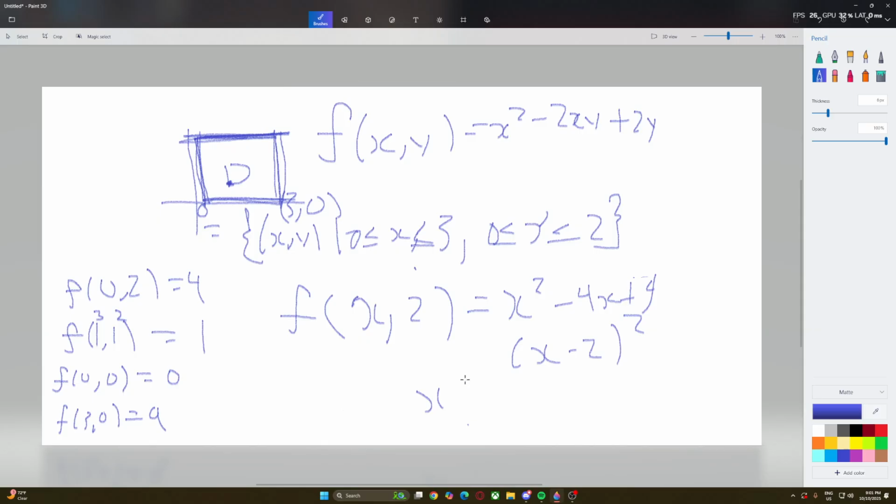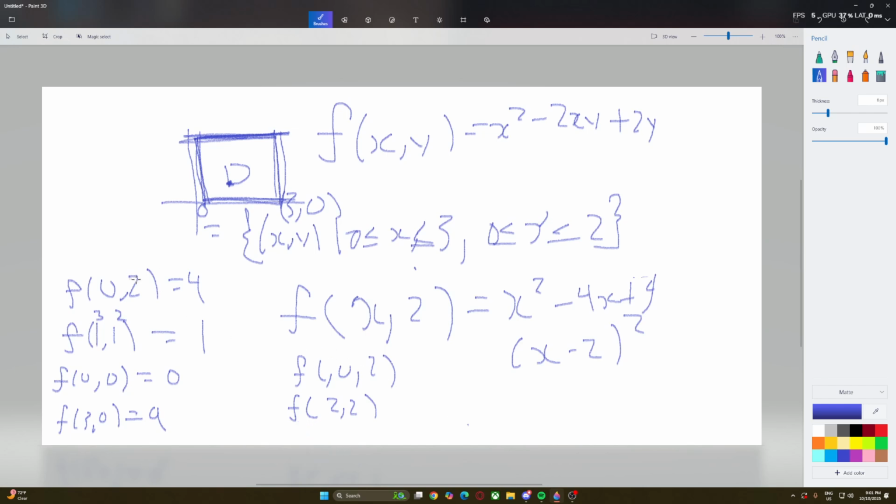But let's just check just in case. If we took the derivative of this, it would be 2x minus 4. So x equals 2 is a critical point, so we have to test f(0, 2), f(2, 2), and then f(3, 2), which we already know from here, so we don't need to check that.